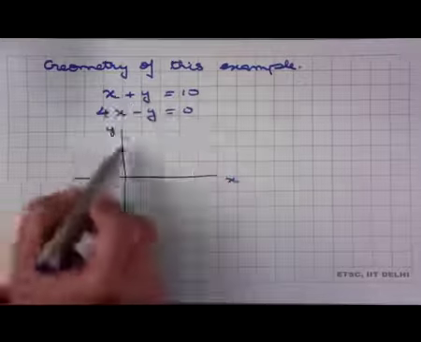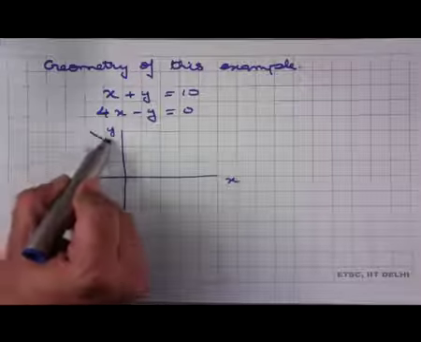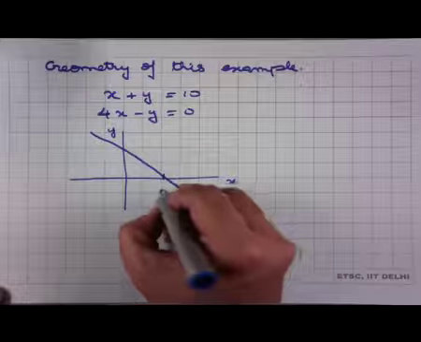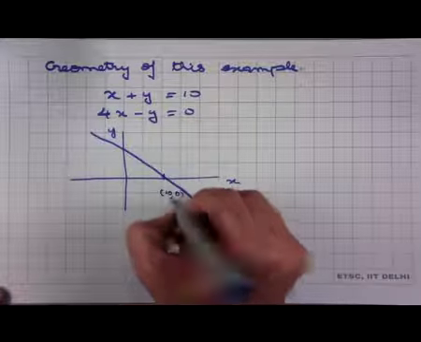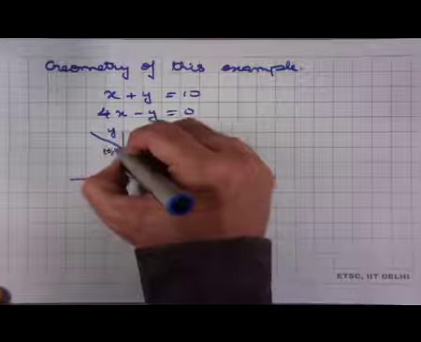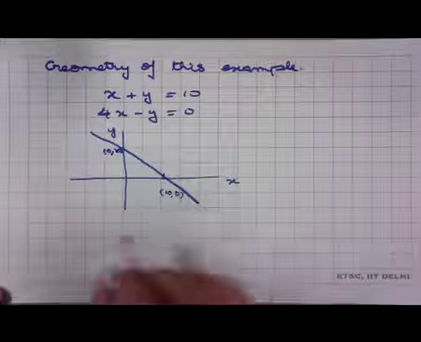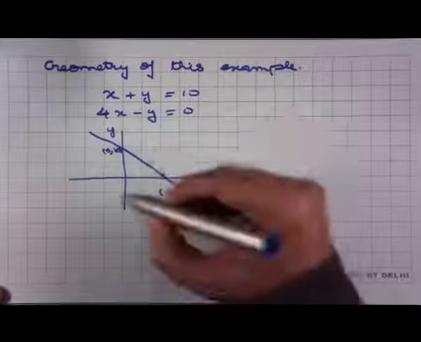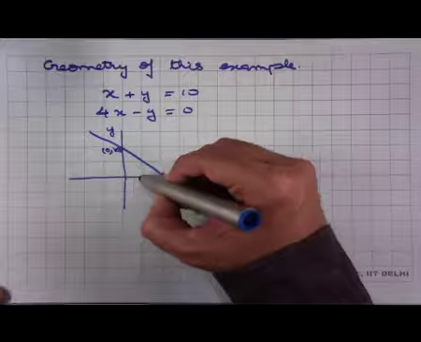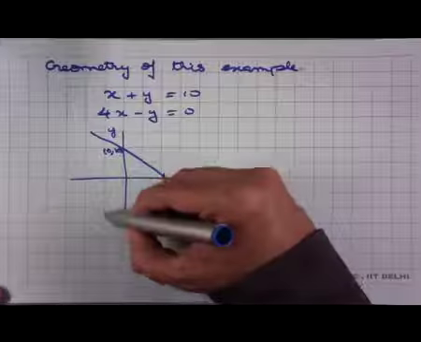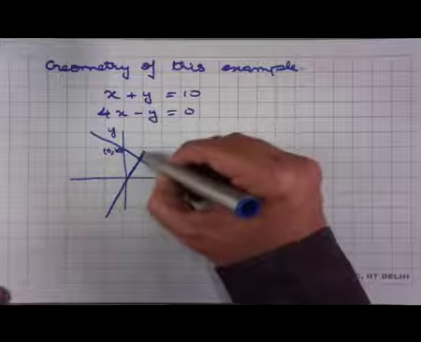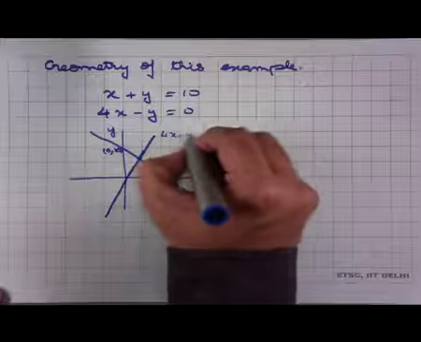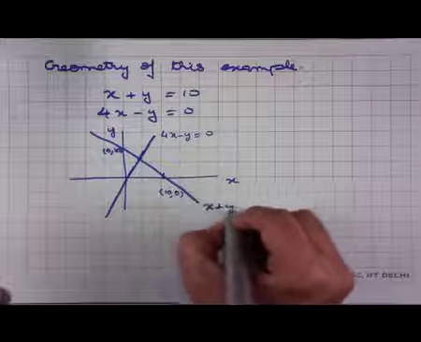X plus y equal to 10 is a line like this, which has as points here (10, 0) and (0, 10). It is a rough sketch, but the idea here is to get the general shape of these lines proper. 4x minus y equal to 0 is a line like that. So, this is 4x minus y equal to 0 and this is x plus y is equal to 10.